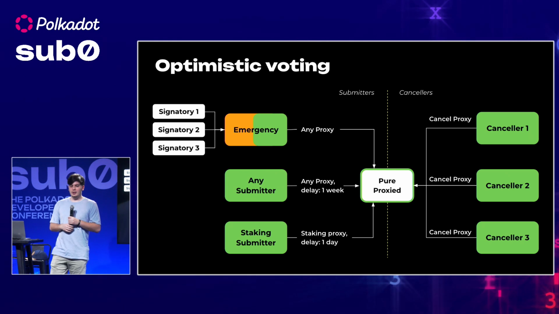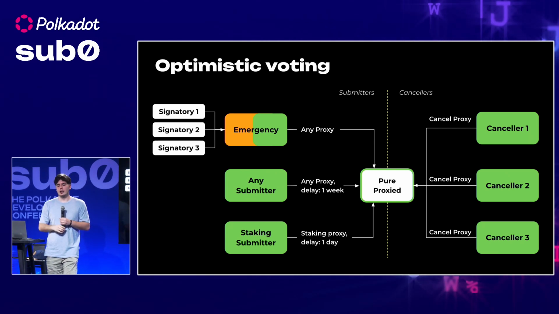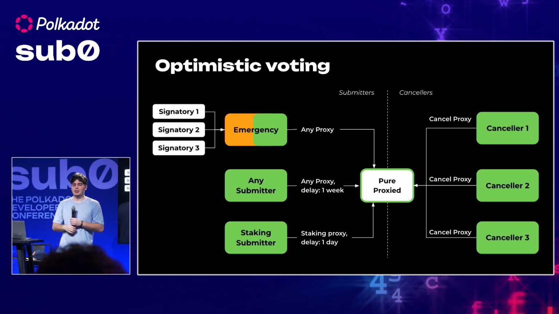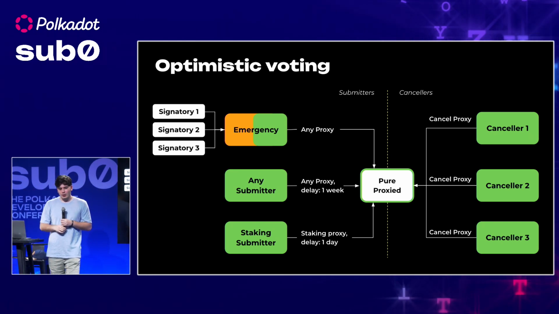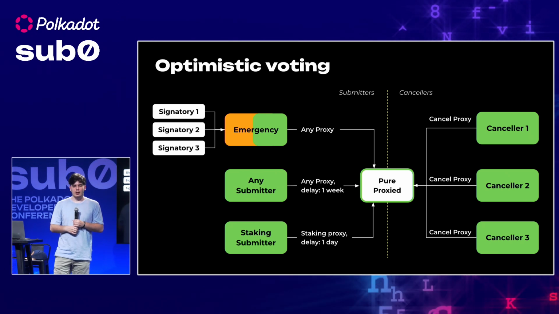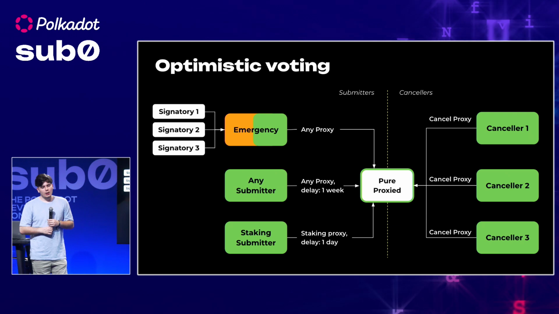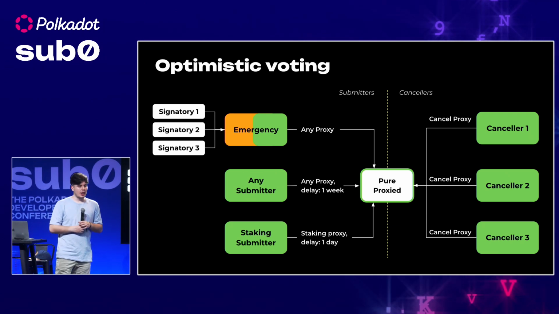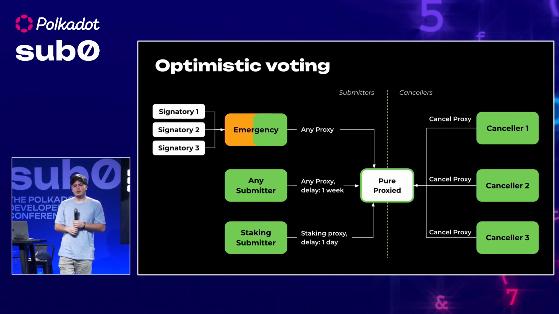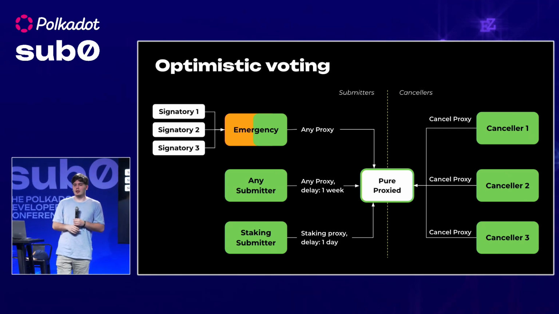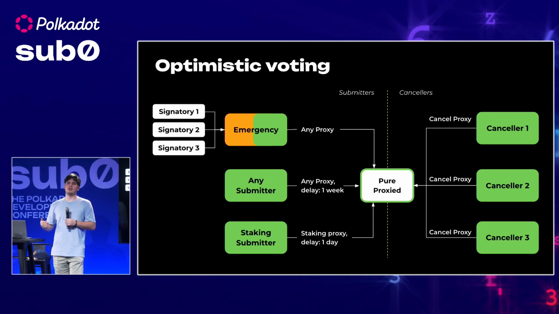However, we might have staking any proxy with a delay of just 1 day because we are sure you can't really mess up your setup with the staking operations. And of course, it's always better to have an emergency proxy to allow executing operations instantly. Instantly, I mean when it's signed by the emergency account. Here it's better for security purposes to have a multisig, but it can be adjusted for your use case. If you feel okay giving access to your cold wallet, it's also fine.